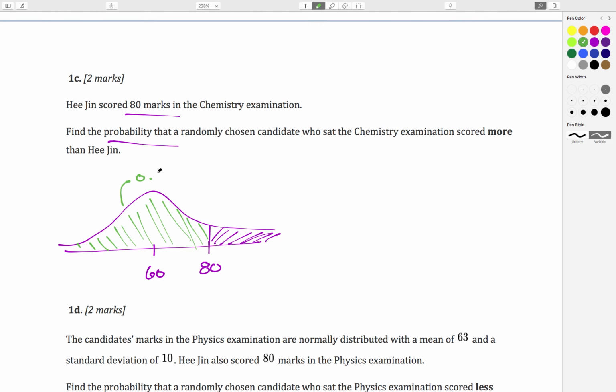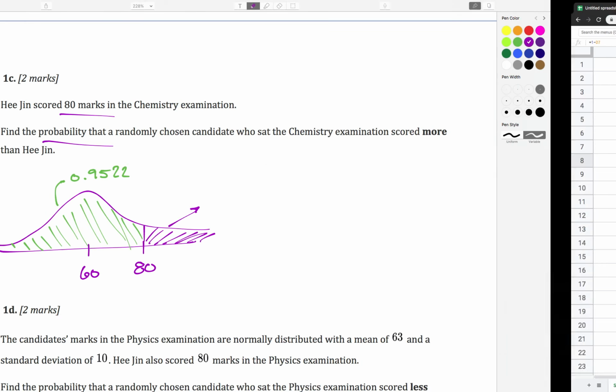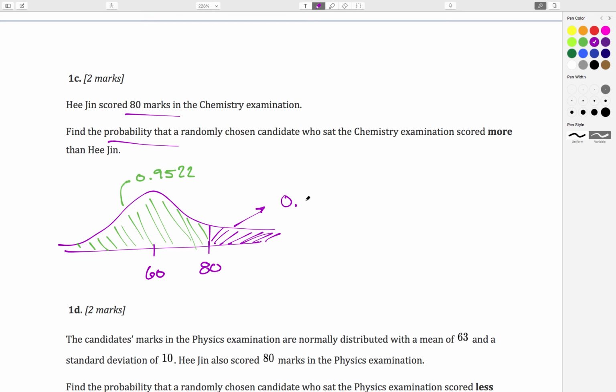0.9522. Meaning that the probability of scoring above an 80 is the complement of that, which equals 1 minus the one up here. Always use these full digits for doing further calculations. Never use rounded digits. So the probability of scoring more than 80 is 0.04779.